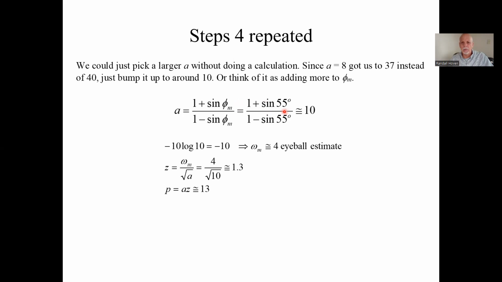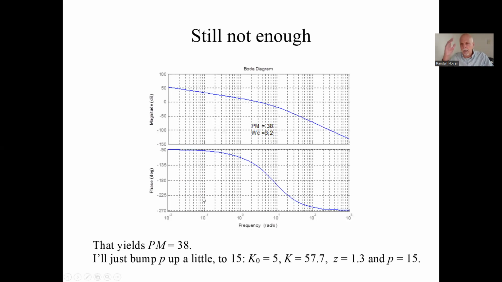A phi sub m of 55 degrees gets this at 10. But I could have just bumped the A directly. It gives us a new omega sub m. I won't go through that. Get a new P and a Z, and let's see if that's enough. It only gets us to a 38-degree phase margin.